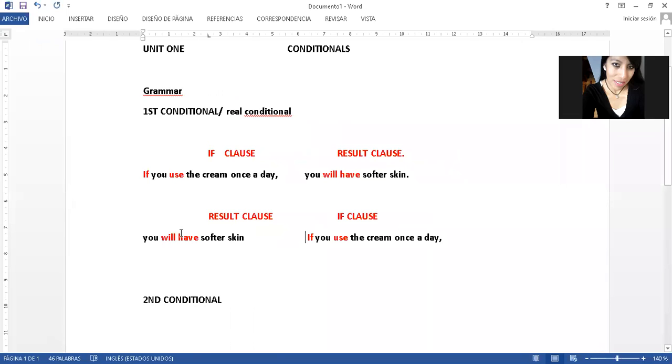So I am separating them so you can see how it's organized. If you use the cream once a day, you will have softer skin. You will have softer skin if you use the cream once a day. Can you tell me what is the difference between these two sentences? They are sentences, not questions. What is the difference?